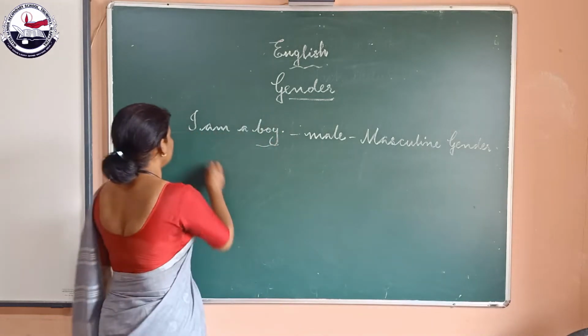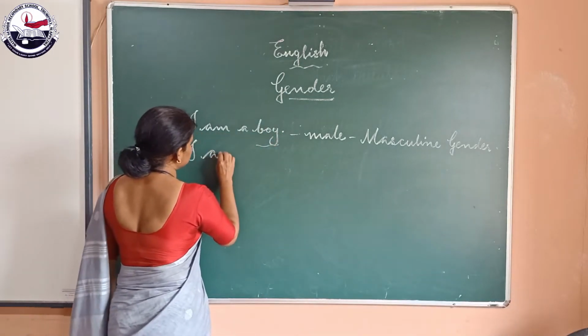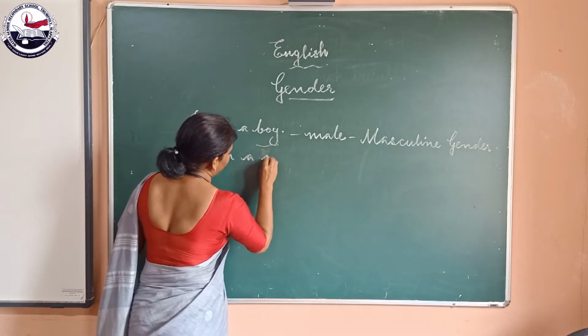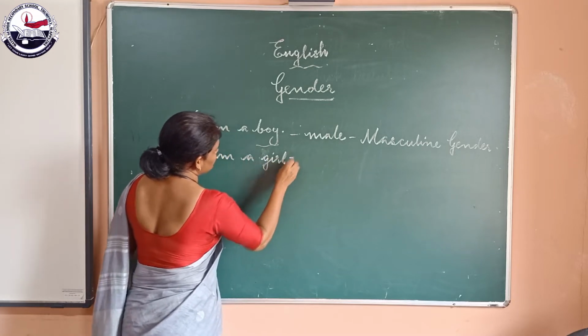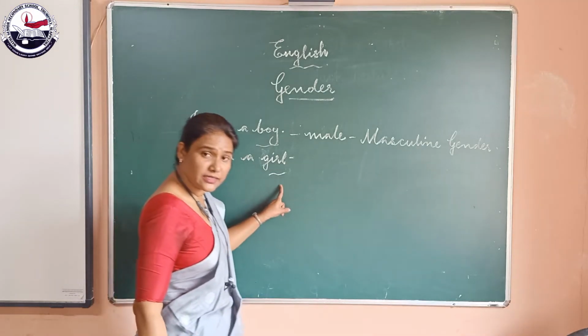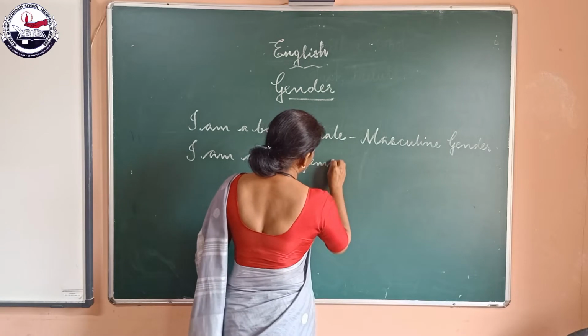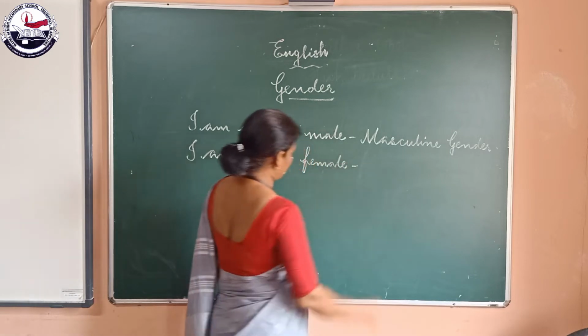Next one, I'll write another sentence. I am a girl. So here the word girl denotes female. This is a female gender word.